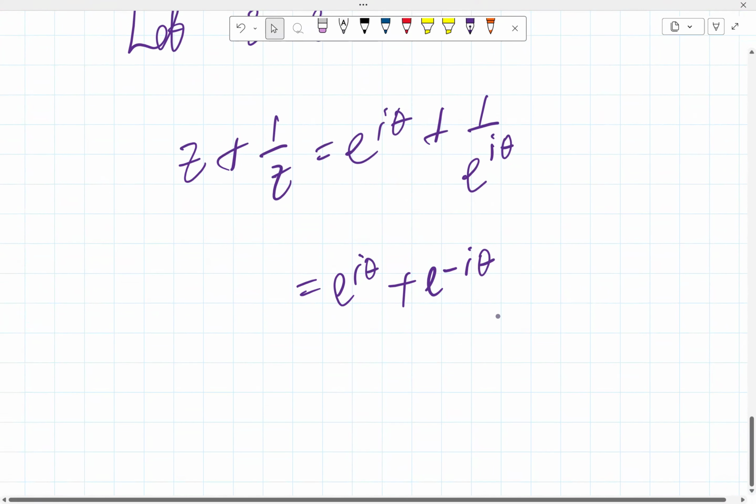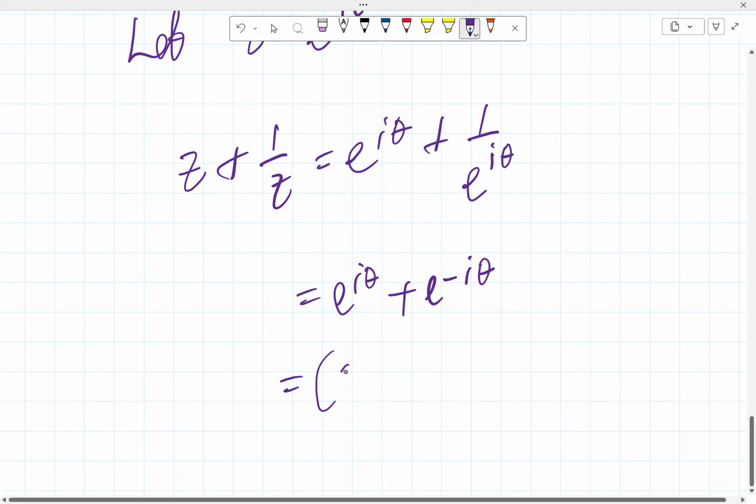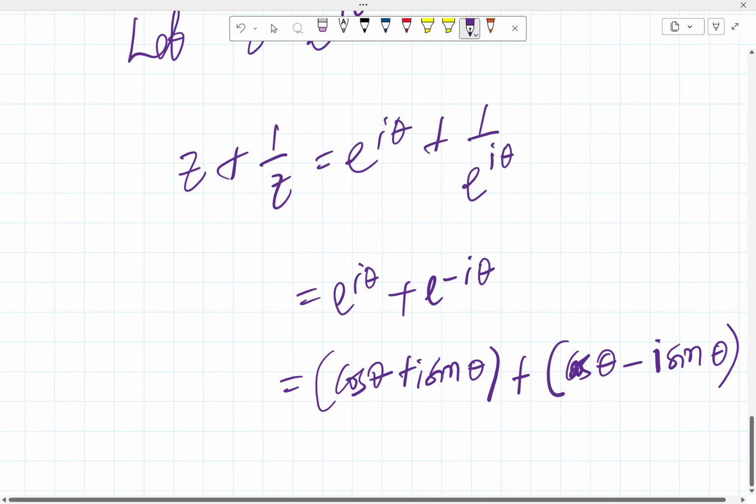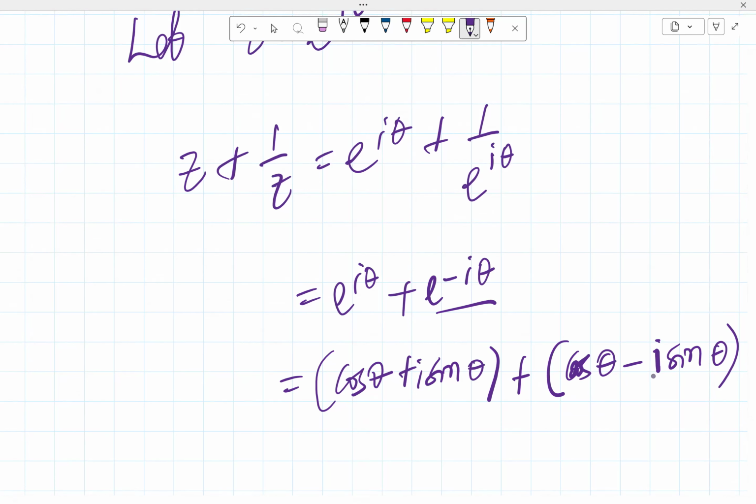Now we already know that e raised to i theta is the same thing as cos theta plus i sine theta. So for this other one, it's cos theta minus i sine theta.